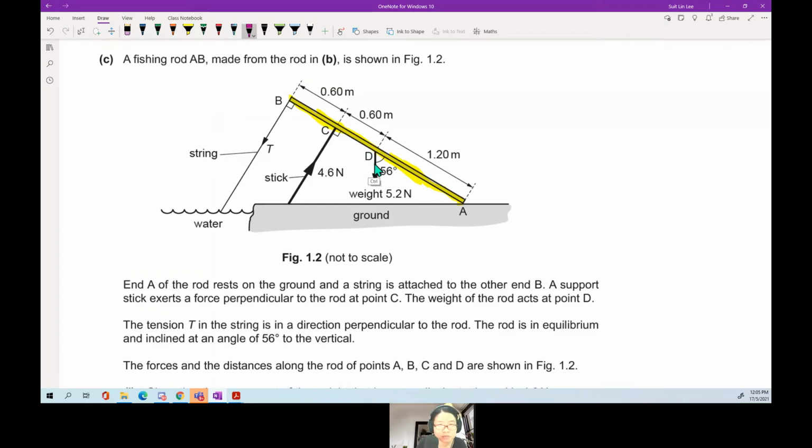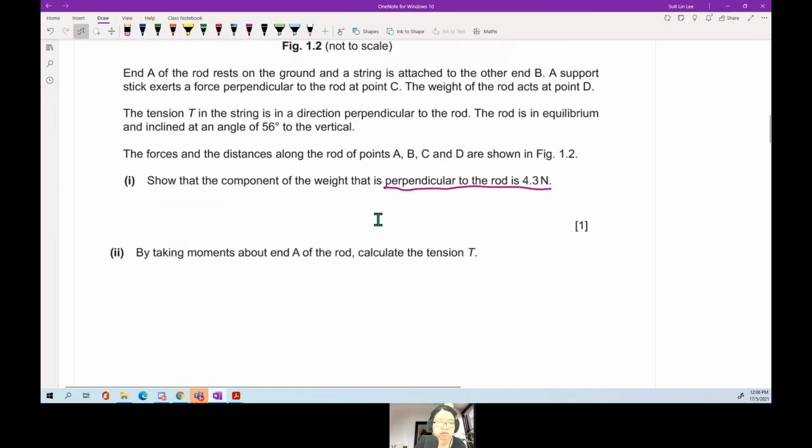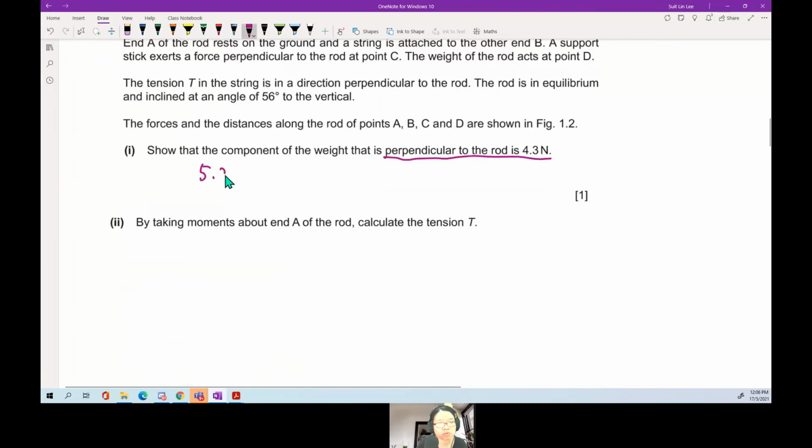So I'm going to split this into perpendicular like this and parallel this way. This component here doesn't have the angle. This will be 5.2 sine 56 because you're opposite the angle. So 5.2 sine 56.